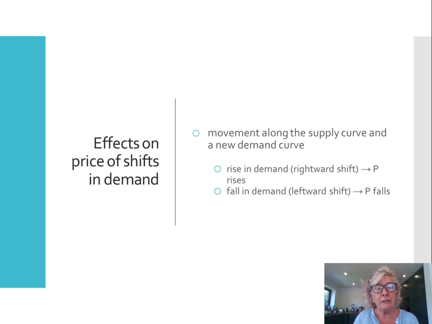So if there's a shift in demand, we know that the demand curve will shift, and that will cause a movement along the supply curve. A rise in demand, remember, causes the demand curve to shift to the right, and in that case, that will cause price to rise. A fall in demand, remember, will cause the demand curve to shift to the left, and that will cause the price to fall. And we can see that here.